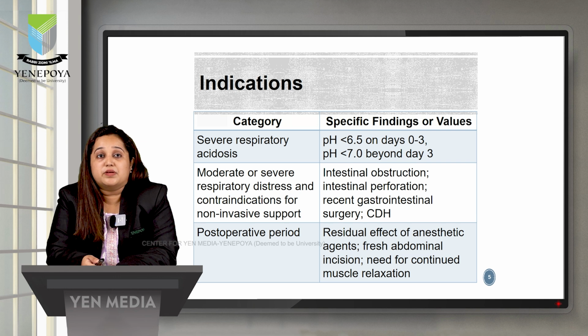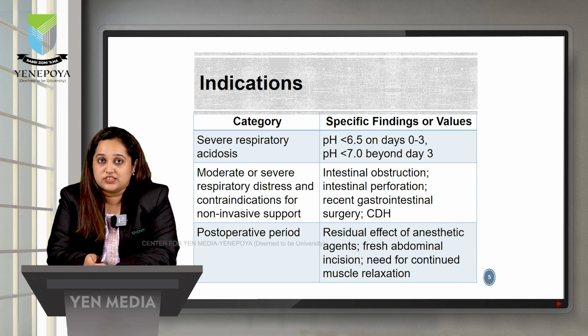Apart from this, if the baby is having severe respiratory acidosis, that is from day 0, the day of the birth of the baby, up till day 3 of life, if the pH is less than 6.5, or after day 3 of life, if the pH is less than 7.0, then we categorize it as severe respiratory acidosis and that mandates the requirement of invasive mechanical ventilation.